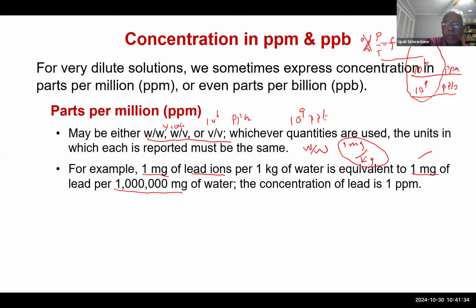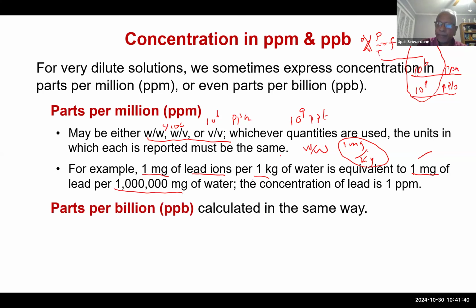Therefore, when you do that, this turned out to be 1 ppm, 1 milligram. The fraction is multiplied by 10 to the 6, and becomes 1 ppm.